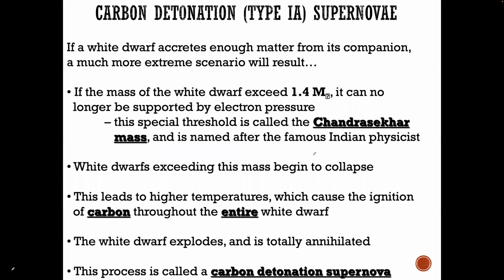Now let's move on to the other type of supernova explosions. This previous process is actually connected to this one. That's why we first started learning about the nova. You can see here that if this white dwarf star that we talked about before accretes enough matter from its companion, there can be much more extreme scenarios.